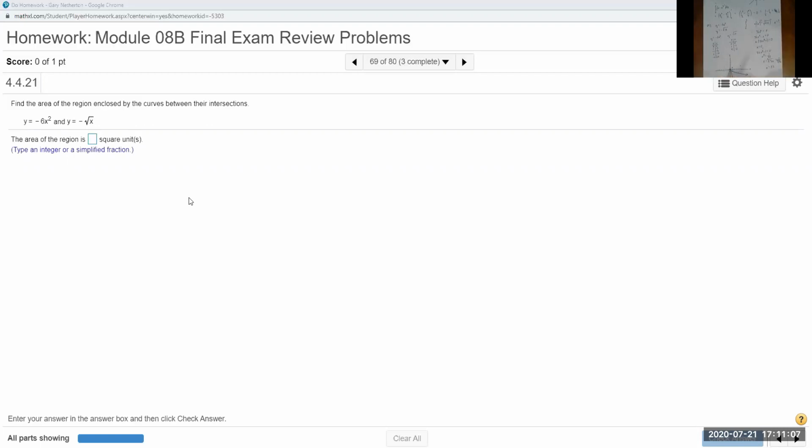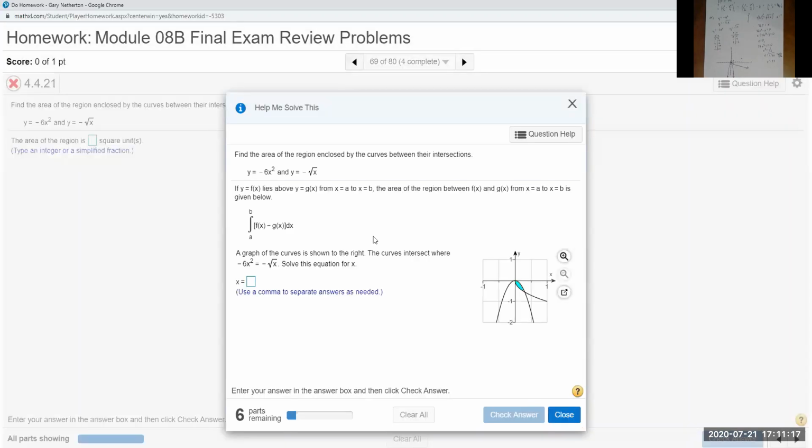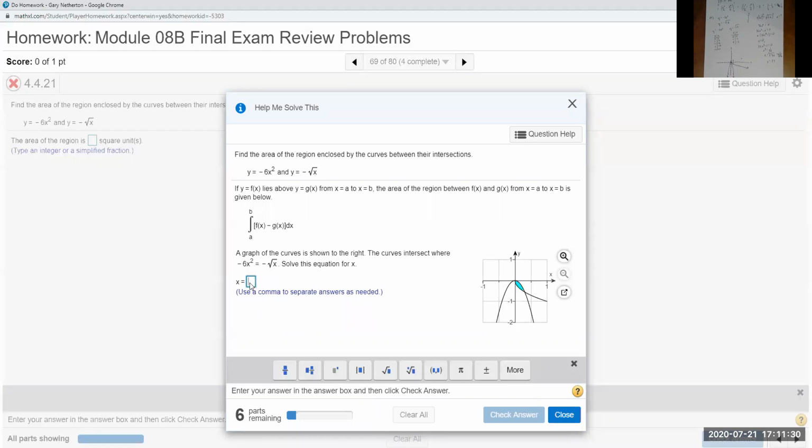All right, well, I'm mystified. Let's let them help me solve it. Now I'm going to see what they do. See, they said equal to each other. So it is in here. I'm sure it's 0.